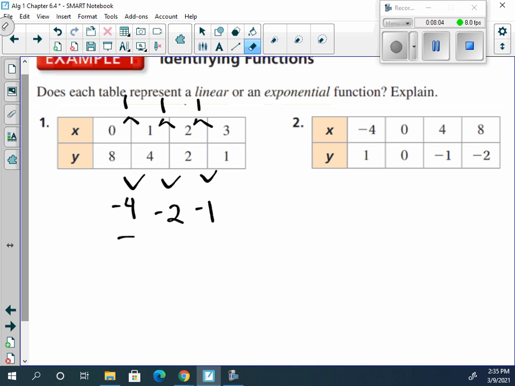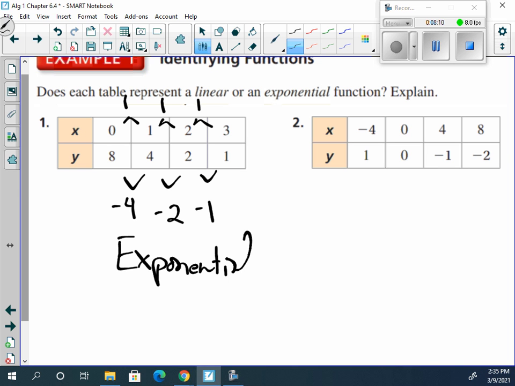I keep wanting to spell it with an S. It would be exponential because we're decreasing at this rate. So exponential functions can increase or they can decrease at this rate here.